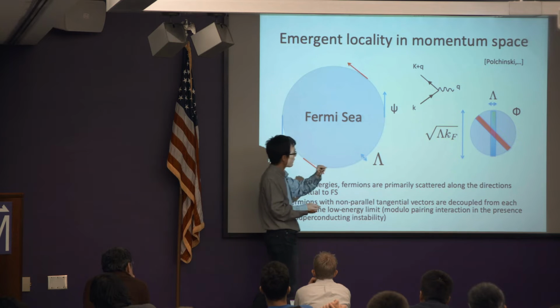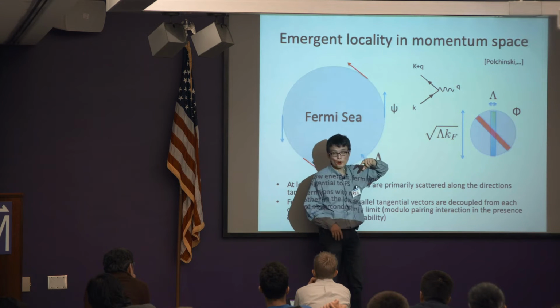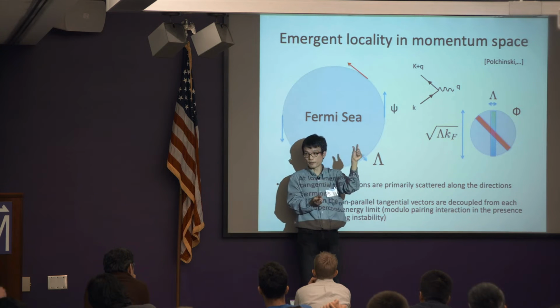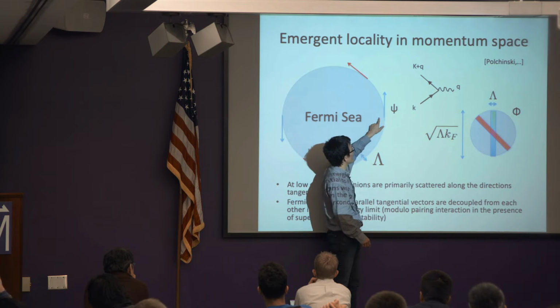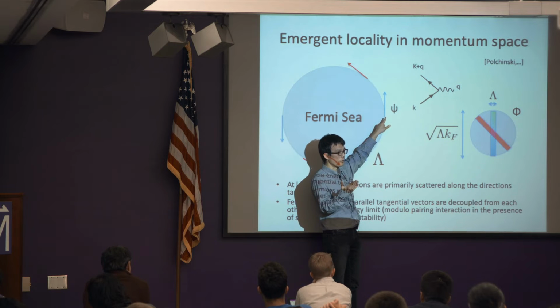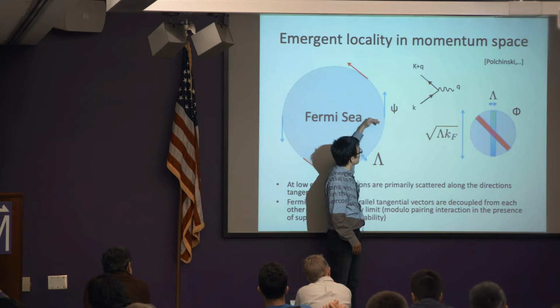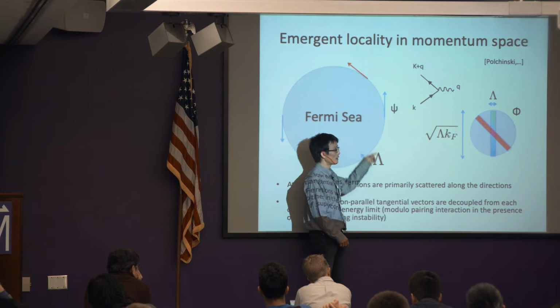Because I'm at low energy, this electron, after absorbing some bosonic mode, needs to stay close to the Fermi surface. So this electron cannot scatter too far in the vertical direction. The momentum of the boson that couples to this fermion varies only up to lambda in the vertical direction, right?